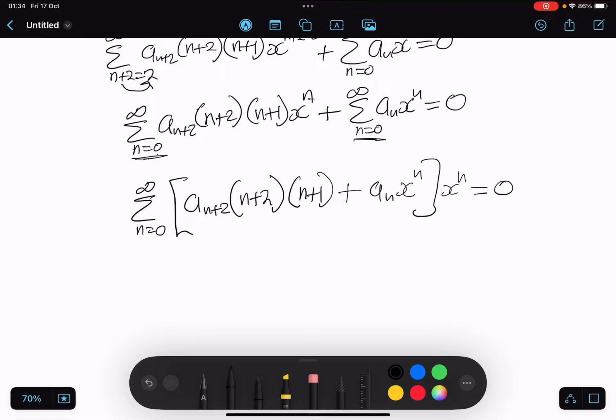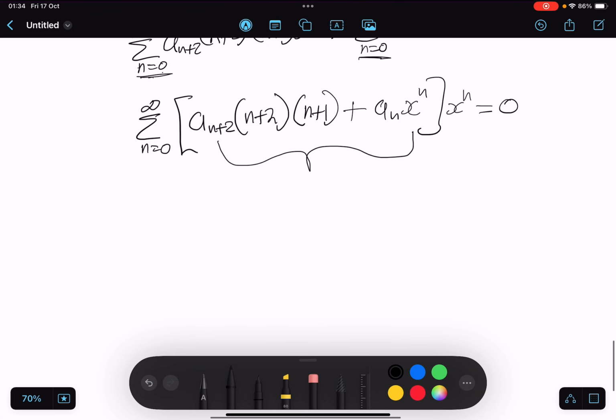Now I'm saying this equation equals 0, and we make the same argument that we made before, that this can only be 0 if the coefficient is 0. So in our case, this is our coefficient, and this is going to be 0: (n+2)(n+1) a_(n+2) plus a_n.